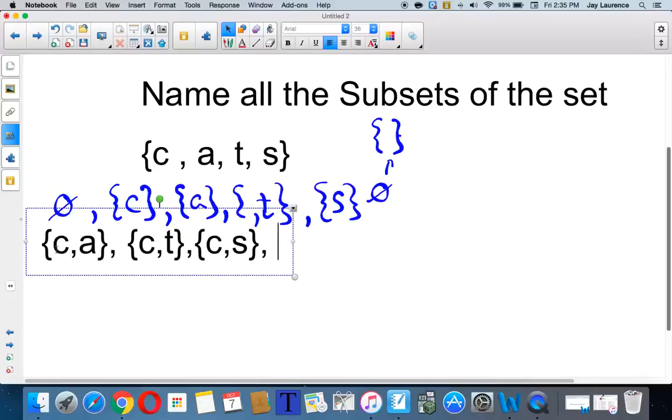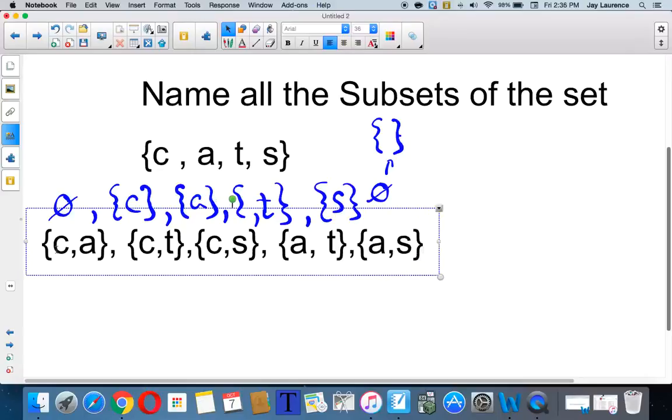I'm pairing C with A, C with T, C with S. Now I'm going to pair A with T. Then I'm going to pair A with S. And finally, I'm going to pair T with S. Okay? I don't believe there are any other subsets that have 2 elements in them.